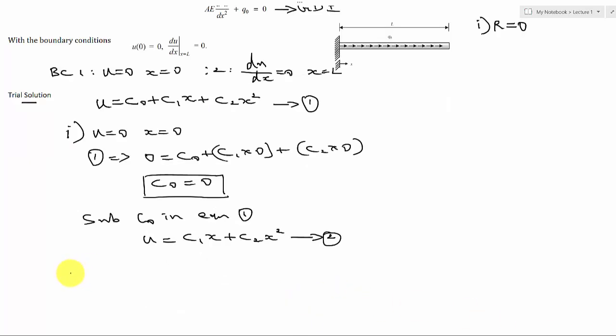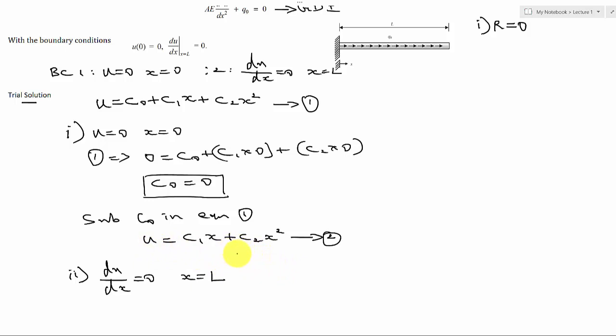Now the second boundary condition: du by dx is equal to 0 at x is equal to L. So now this is going to be my trial solution.